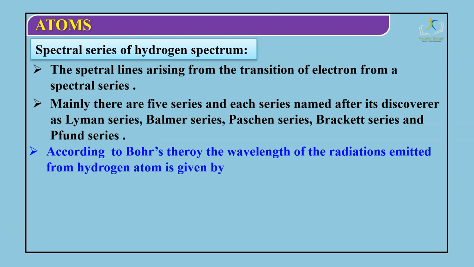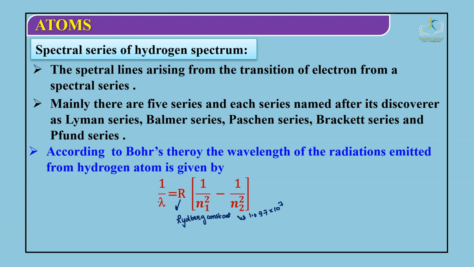According to Bohr's theory, the wavelength of radiation emitted from a hydrogen atom is given by 1 by lambda equals R times (1 by n1 square minus 1 by n2 square). What is the meaning of R? Students, R is the Rydberg constant, whose value is 1.097 times 10 to the power 7.